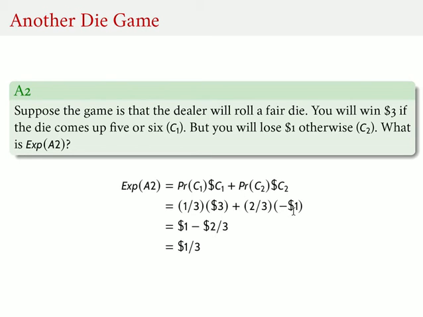So filling that in, and doing a bit of math, what you realize is that the expected value of this game is 1/3 of $1, or 33.33 repeating cents. So what this tells us is actually that this game is probably worth playing. Even though you have a chance of losing $1, you have a pretty high chance of gaining 3. So the expected value of this game is positive.